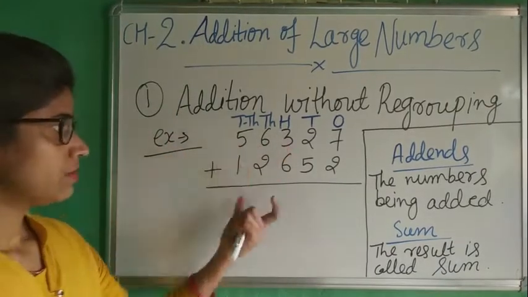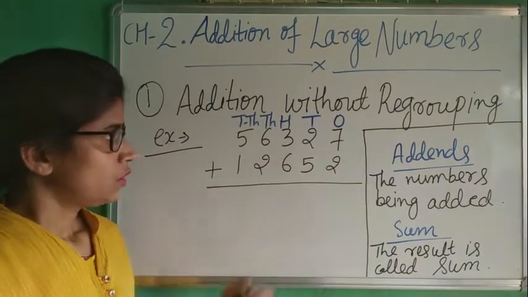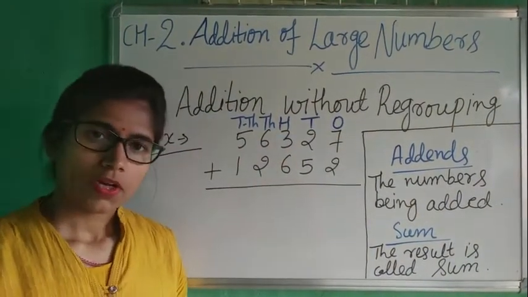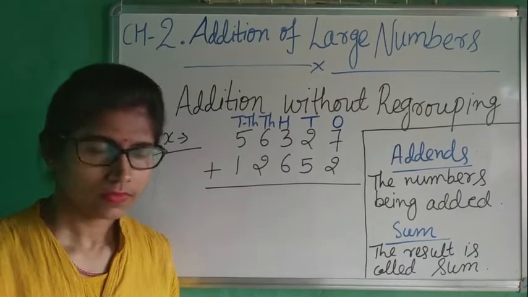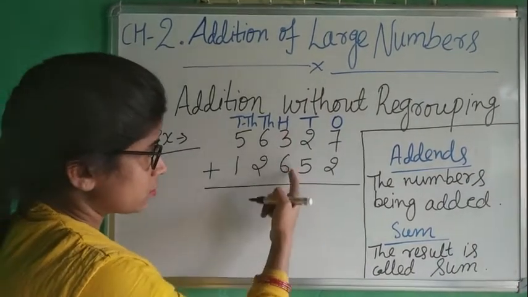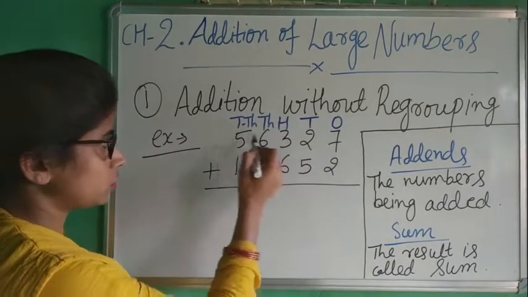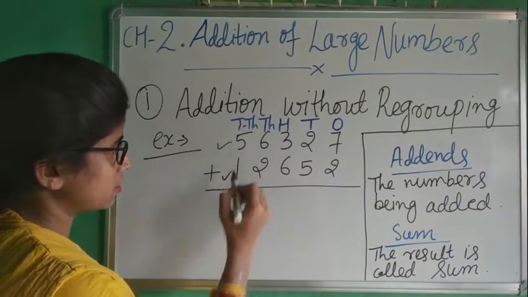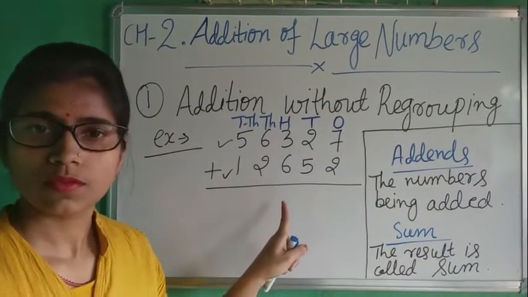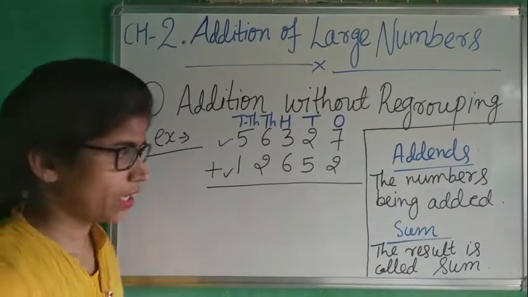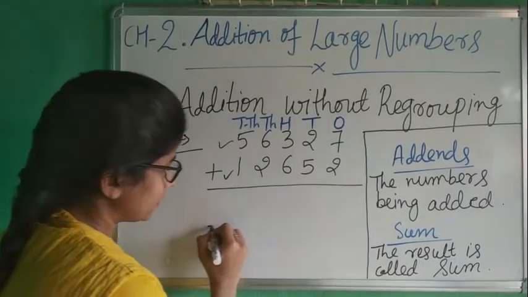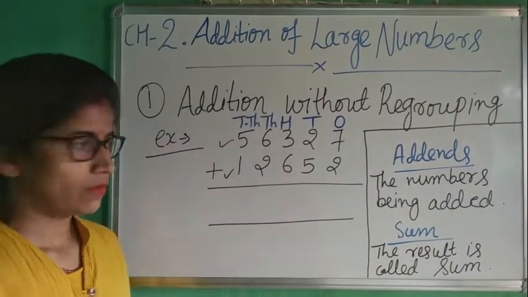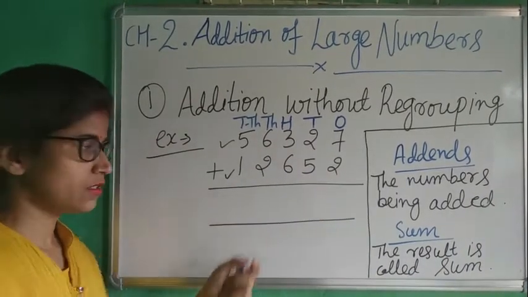So in this example, which are the addends and what is the sum? These two numbers, both this number and this number, what are they? Addends. And whatever answer we get, that is what?